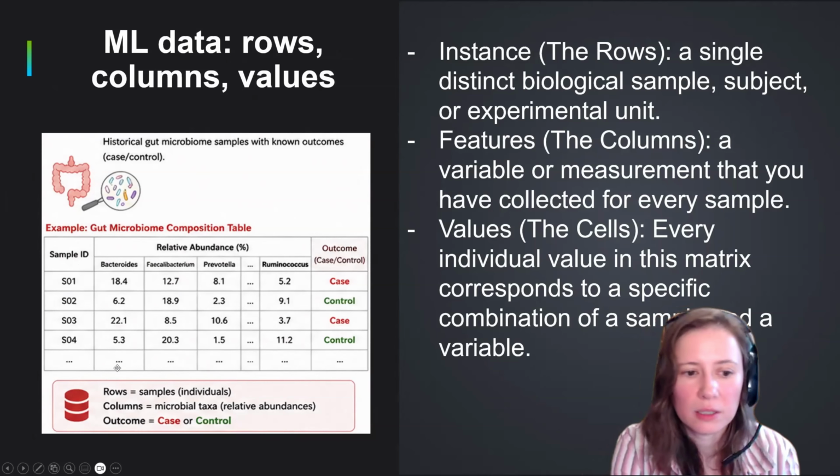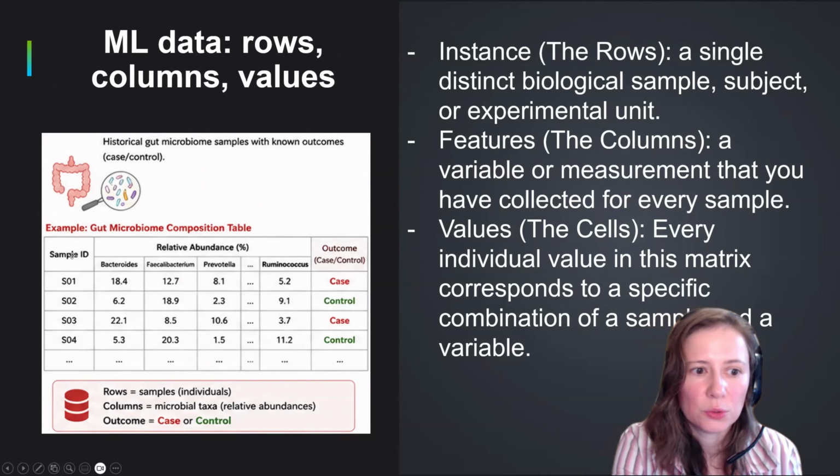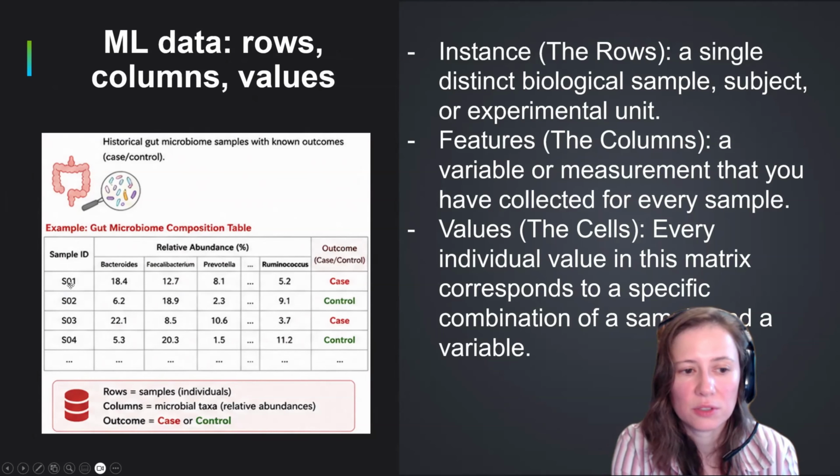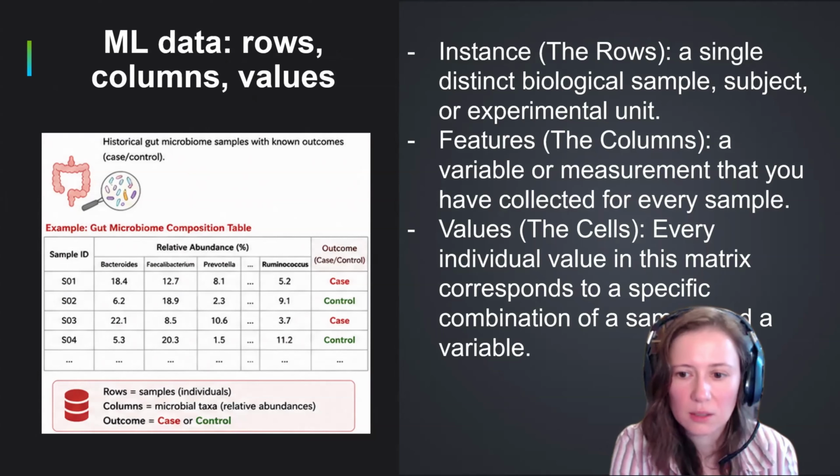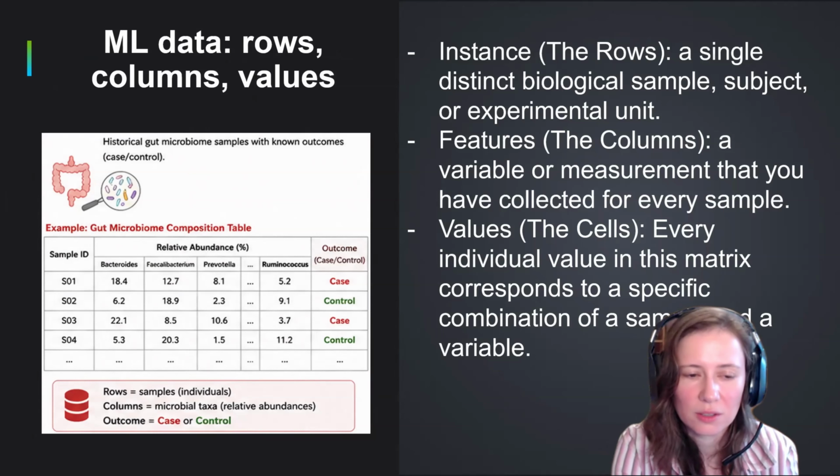If you're familiar with Excel, for example, you would have a series of rows where each row here would be a different sample or a different individual in a study cohort. So for example, S01 is individual 1, S02 is individual 2, and then you have as many as the N or the sample size you have in your study.